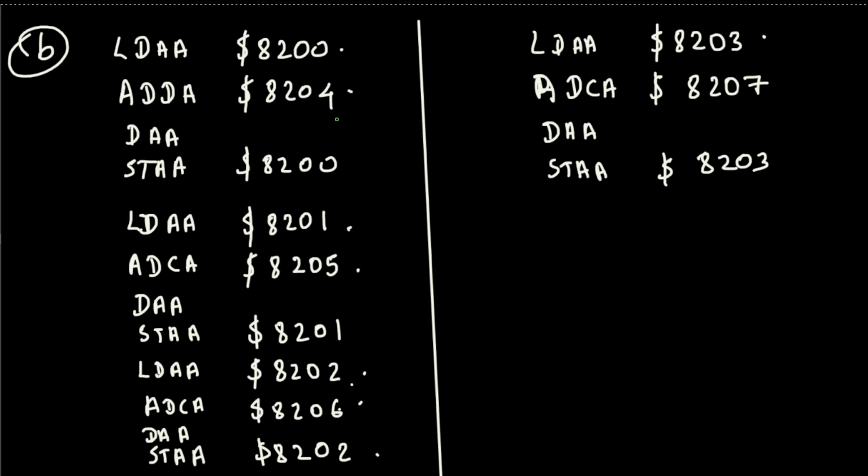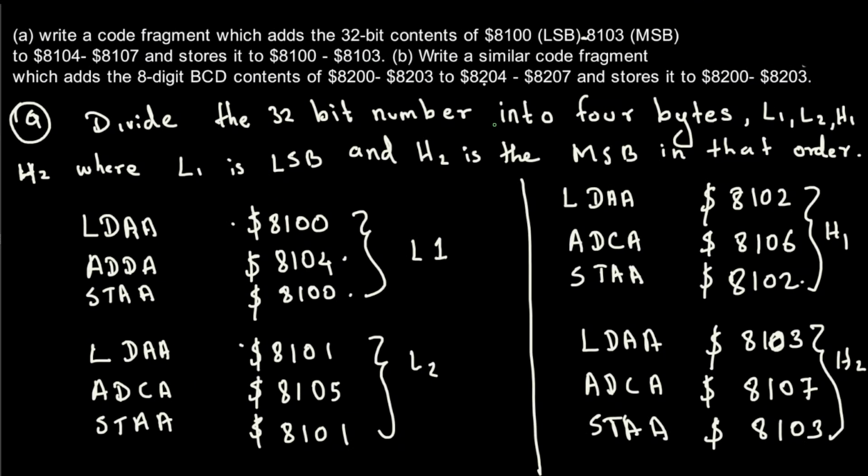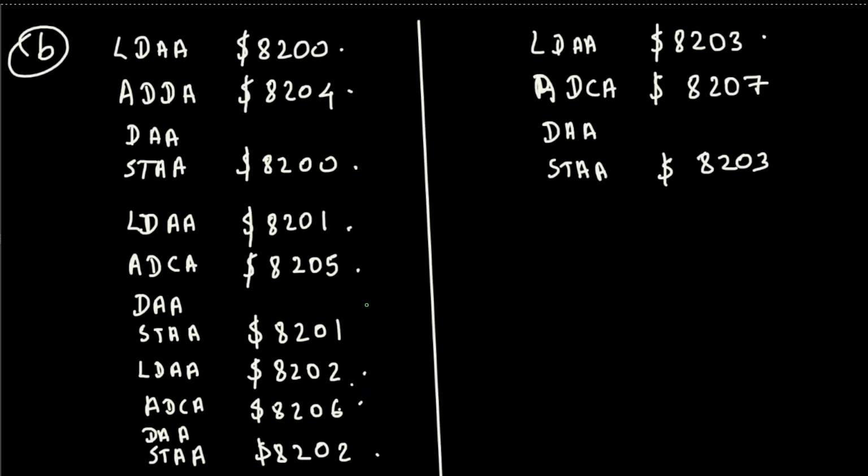Okay, and then DA instructions will be followed after every addition process. And then store, STA, that is in the range of 200 to 203: 200, 201, 202, 203. Okay, and that's basically it.